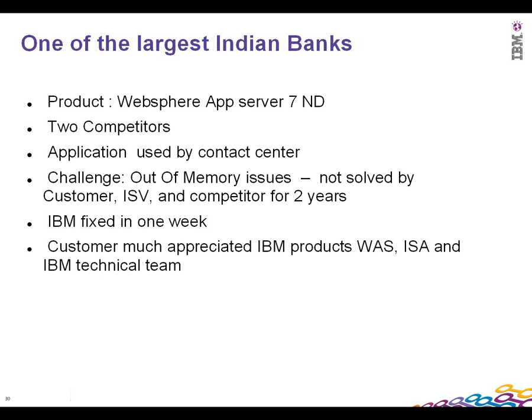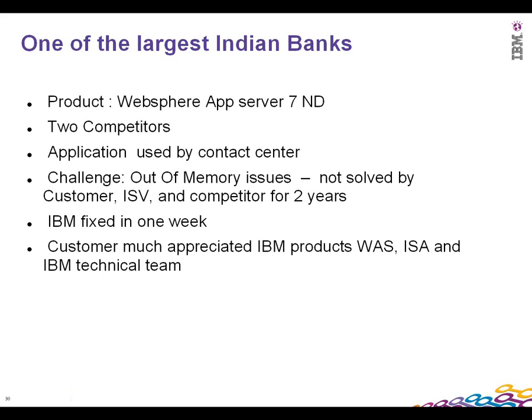But this is a little tricky and different because the customer is already running on a competitive product, and is getting out of memory errors every now and then. And being the customer, they have their own internal IT team, and an ISV, a Bangalore-based ISV, that provided the source code and the application, as well as the middleware vendor, one of our competitors.